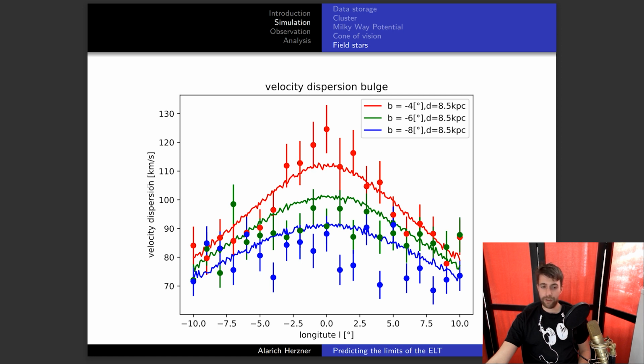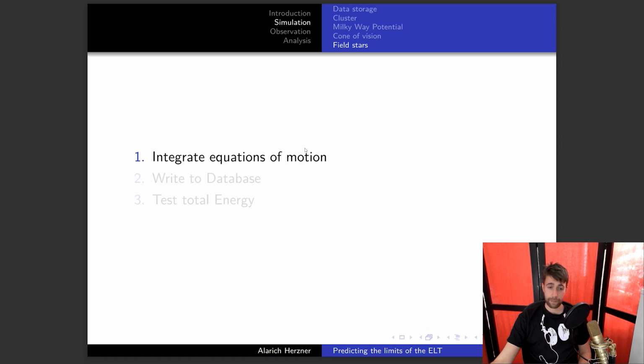I'm plotting here the velocity dispersion of bulge stars, more specifically from my simulation versus observations. And when it comes to simulating the real world, it's always very important to compare the results from the simulations with observations from the real world to see if the simulation is good enough. So this is basically why I did this test over here. Works quite well, could be even better, but decent enough for my purposes.